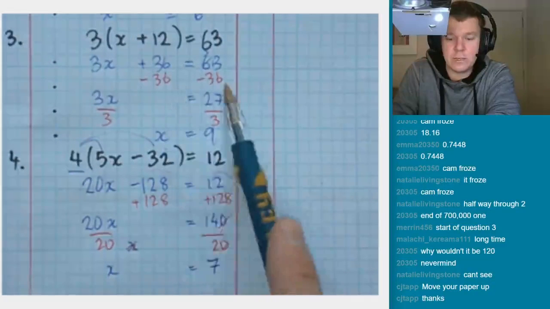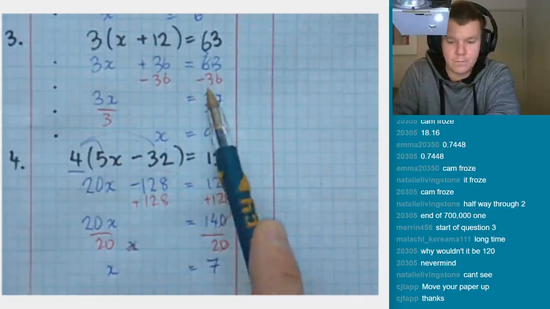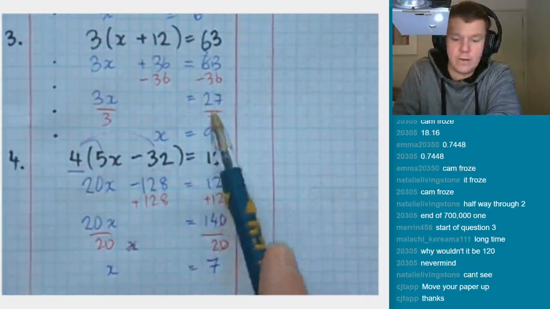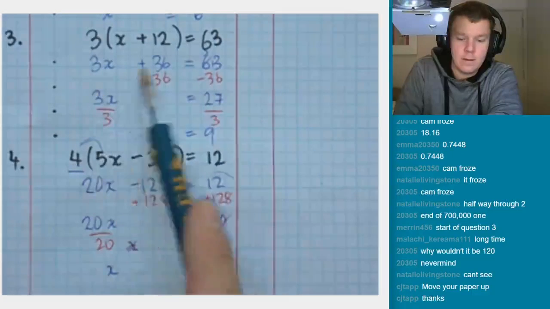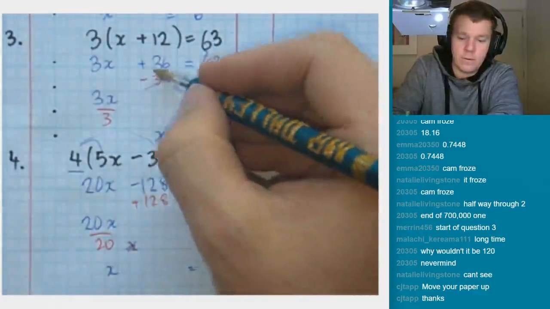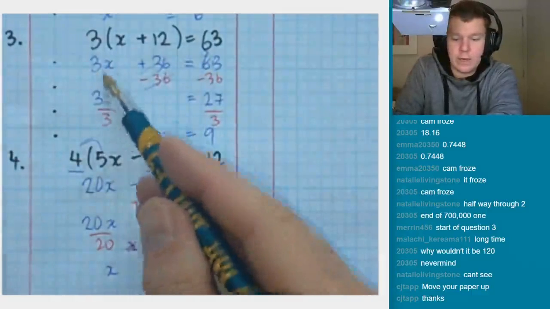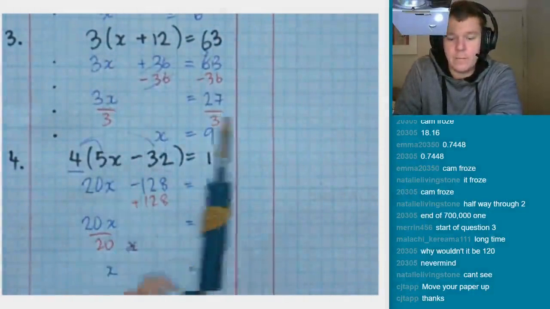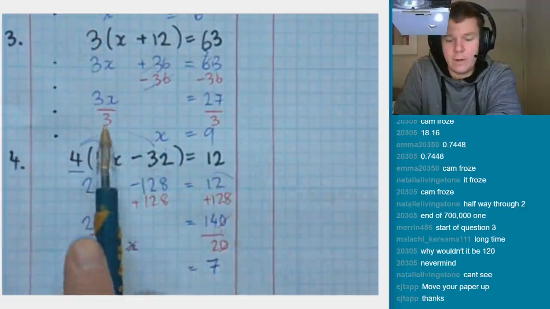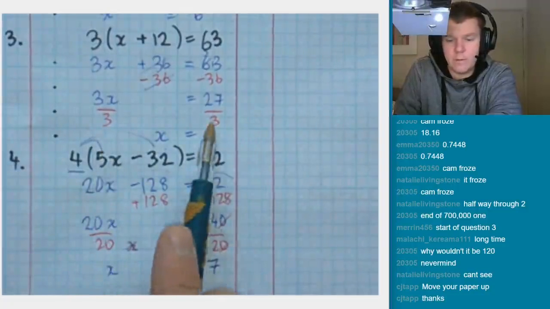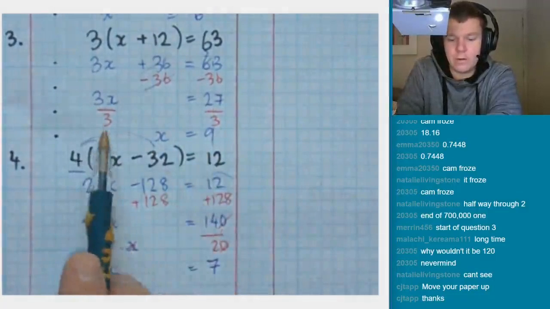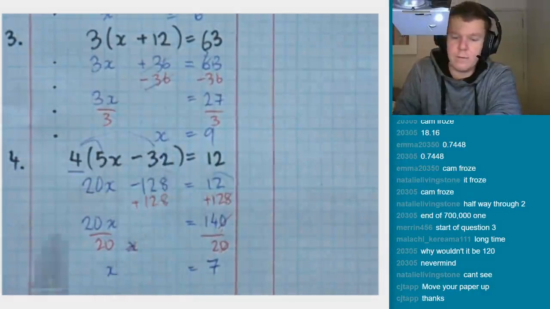We subtract 36 from both sides. 63 minus 36 is 27. Those are gone, so you're just left with your 3x. 3x equals 27. The next thing to do is to divide both sides by 3. 27 divided by 3 is 9. 3x divided by 3 is x.